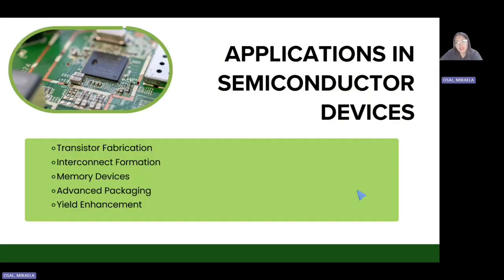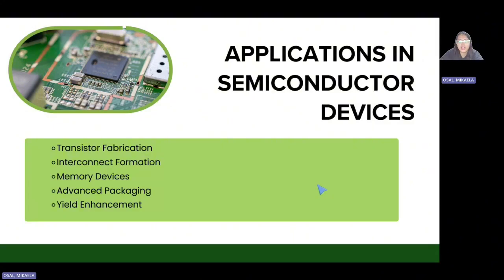So etching plays a critical role in various stages of semiconductor manufacturing, with key applications including transistor fabrication. So etching is essential for creating precise features on transistors, enabling the miniaturization and performance improvements in modern microelectronics. Second is interconnect formation.